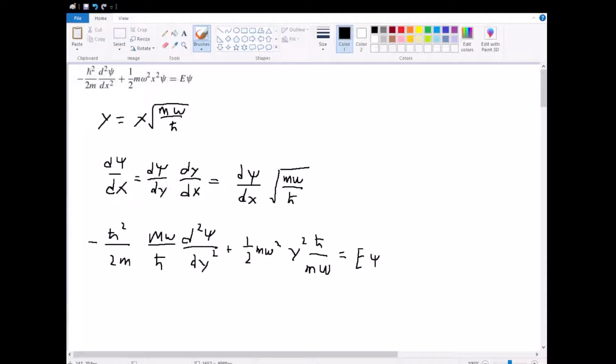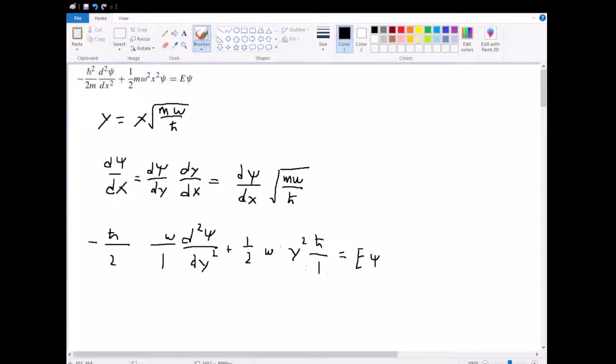So there's a bit of simplification we can do here. First off, we have an m here and an m here, so those cancel. We also have an h bar here and an h bar up top, so that cancels one of the powers. Over here, we have an m and an m, and then we have an omega at the bottom and omega squared at the top, so the squared goes away and we have just 1.